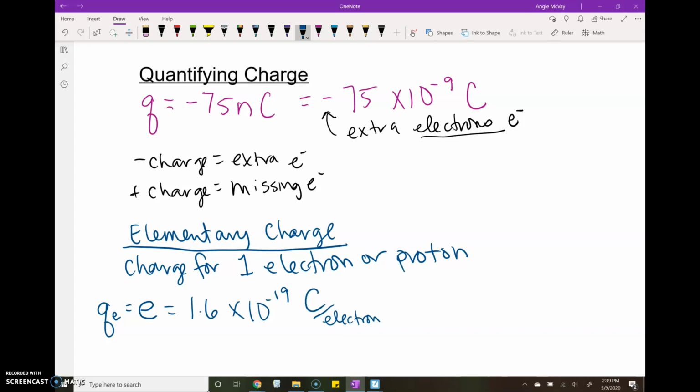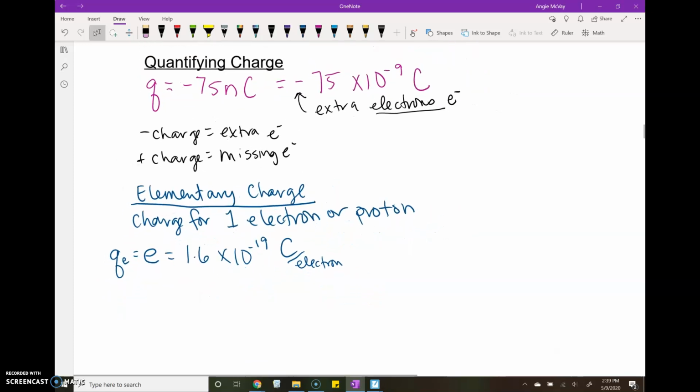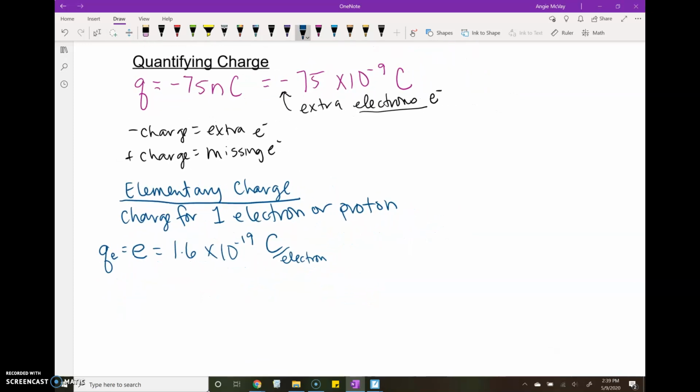All right, so if we know an object's charge, right, if we know that something has a charge of negative 75 times 10 to the minus 9 coulombs, and we know one electron is 1.6 times 10 to the minus 19 coulombs, could we figure out how many extra electrons there are?